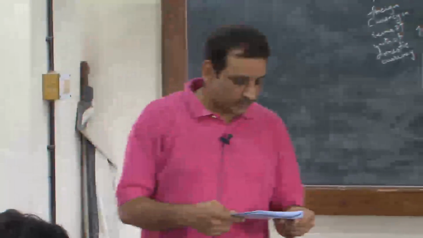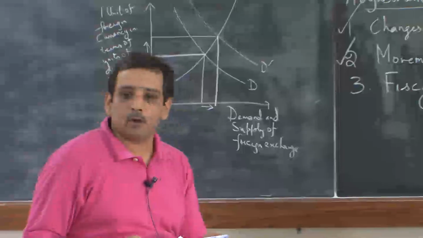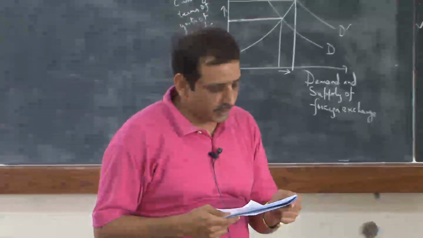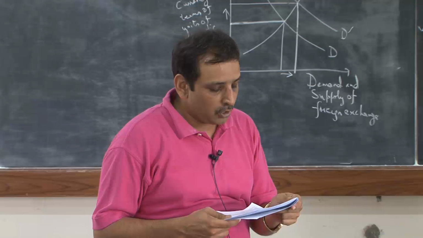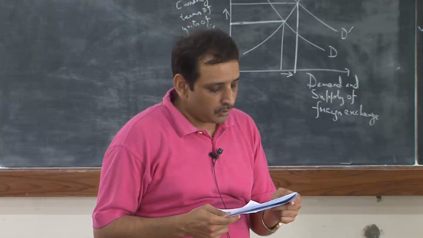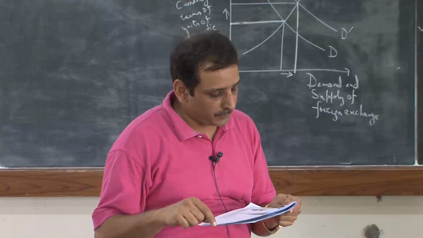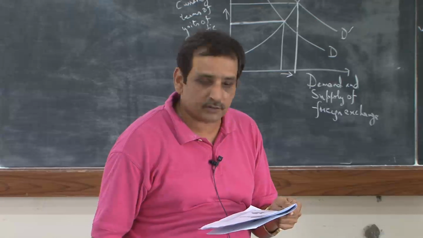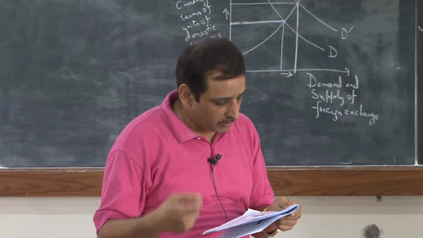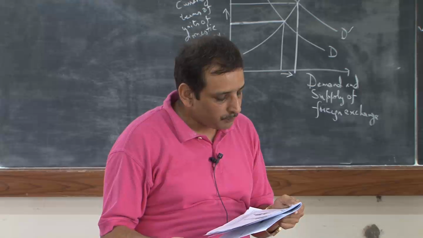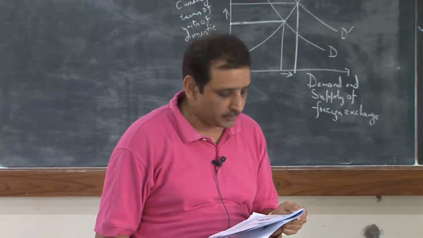So if you look at the OCA integration criterion, one proxy for this is exports emanating from different states of the US and going to the rest of the United States, or exports emanating from one of the countries in the EU and going to the rest of the EU countries.